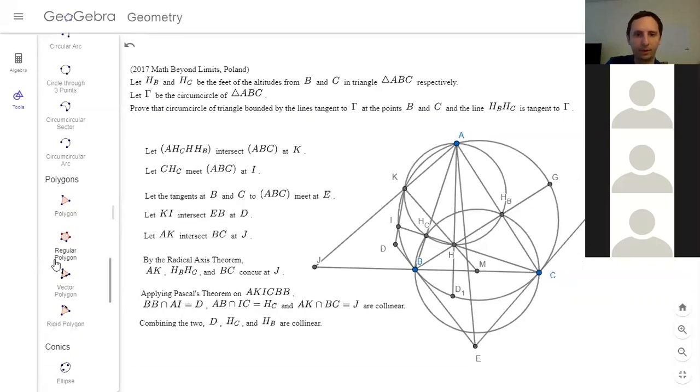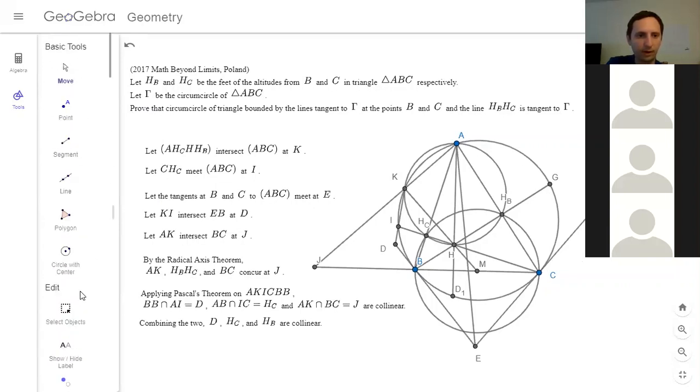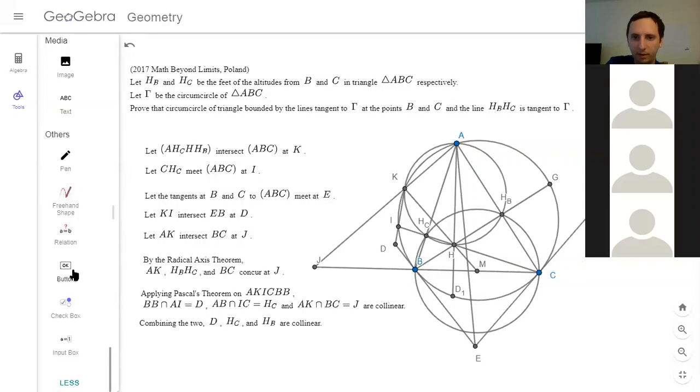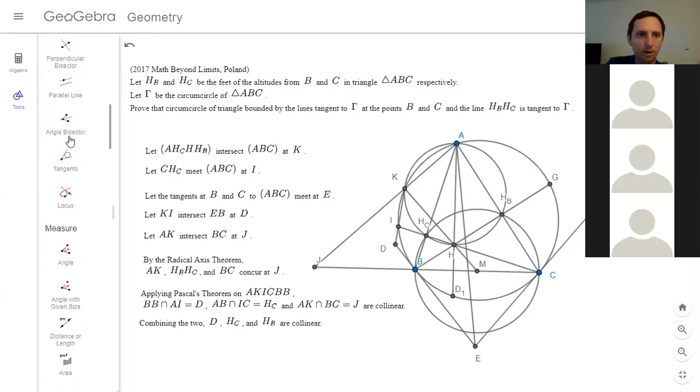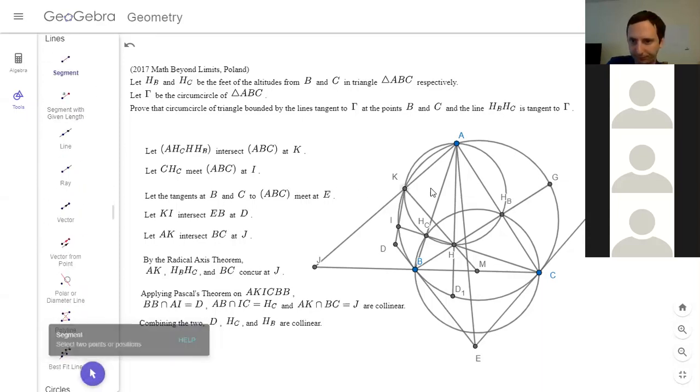There we go. I'll just say define F similar to D, but on the other side.